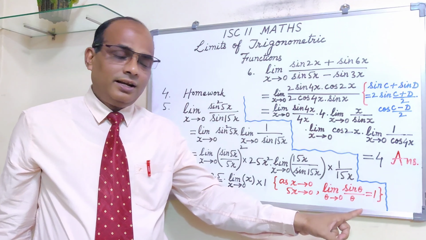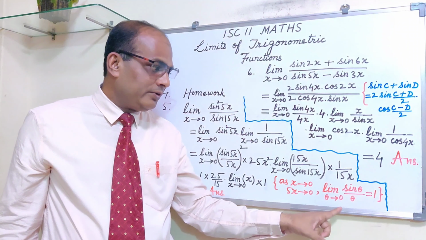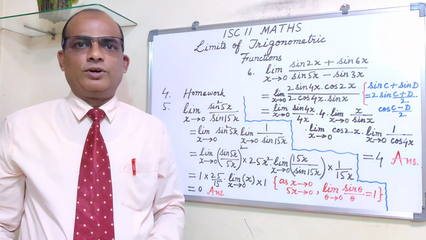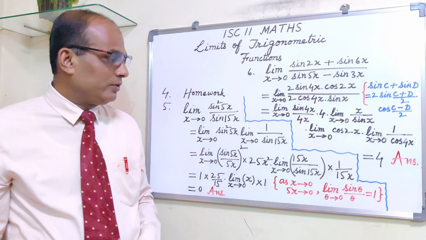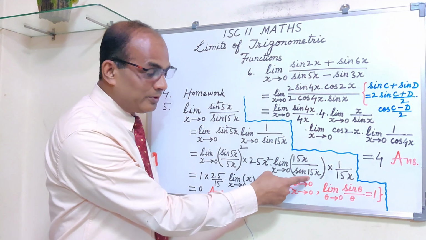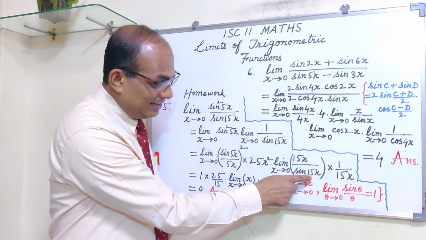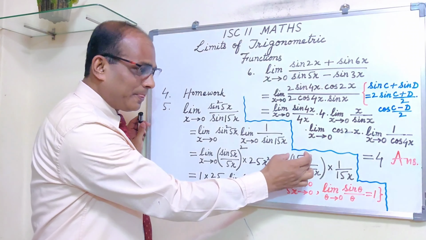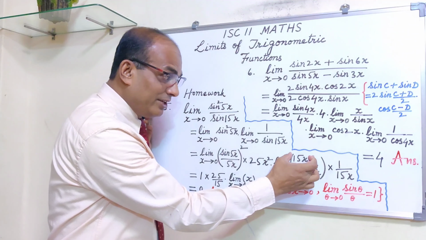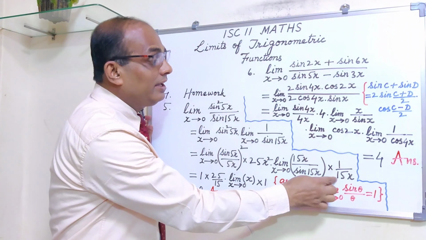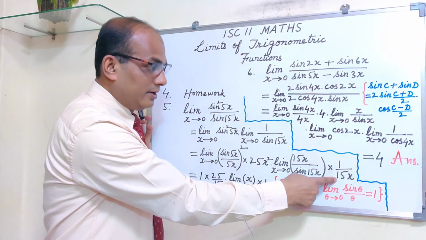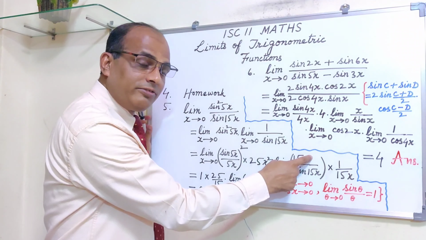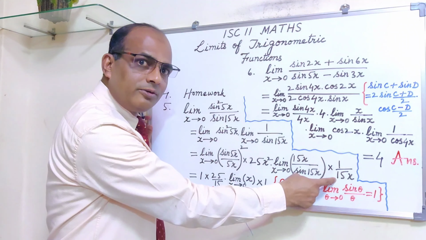Now come here, limit x approaches 0, again limit theta tending to 0, sine theta upon theta is 1. Similarly, limit theta tending to 0, theta upon sine theta is also 1. So this we can convert in that form, theta upon sine theta. So sine theta, theta, we want 15x, so we are writing 15x. But because we are writing extra 15x in the numerator, we are writing it in the denominator also.